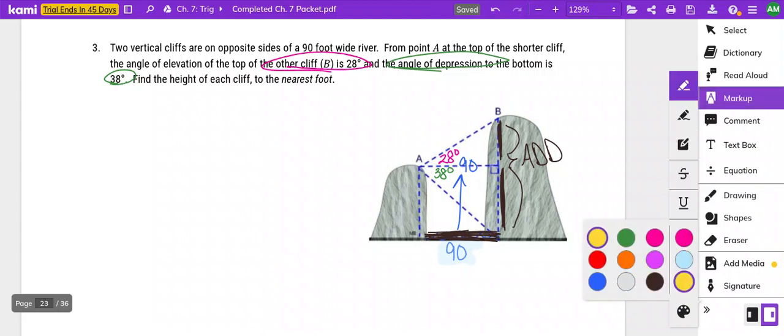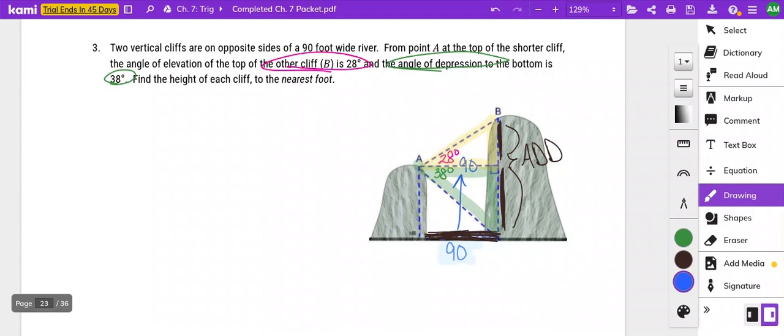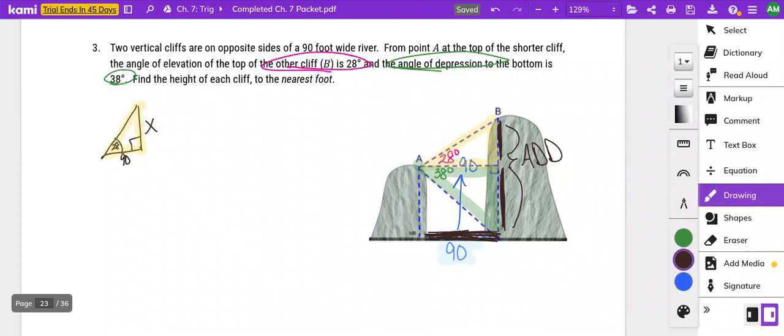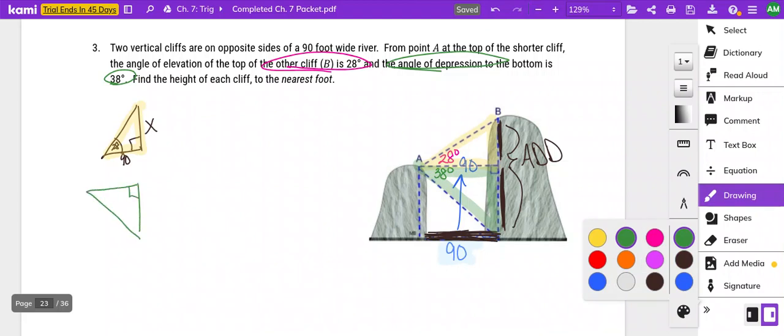So now when I separate out those triangles, oh my goodness, look, here we go. I've got two triangles that are kind of up and down this time. The bottom of this triangle is 90. The angle is 28. And I'm going to need to find this side of my triangle so that I can add them together. Then I'm going to look over here at my green triangle.